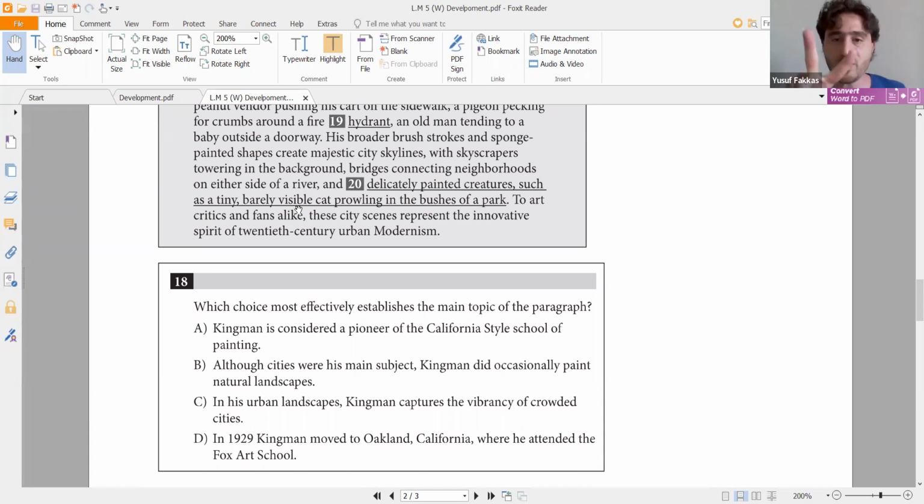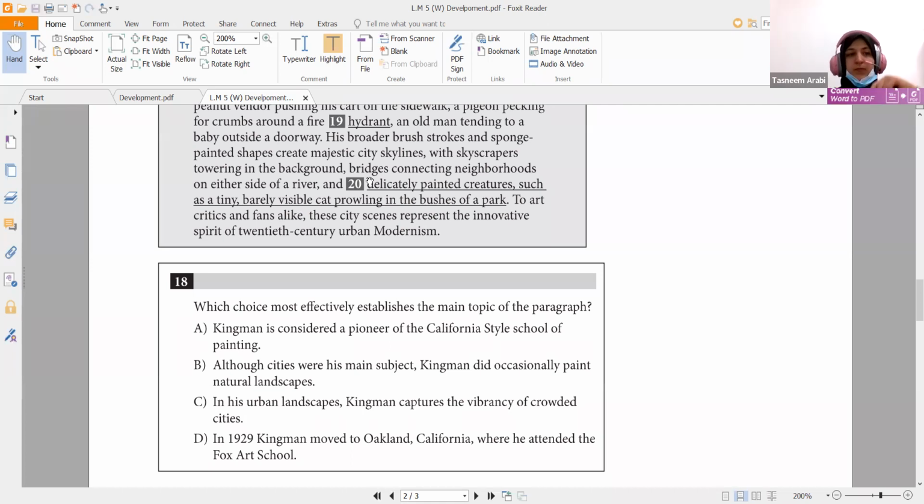But you also have 20% where they ask you about the connection between 2 paragraphs. And then you have still 10% where you can be asked about the whole passage. So don't be in a rush. Bear with me, and I'll walk you through all the different types of questions that you can be asked about, inshallah.